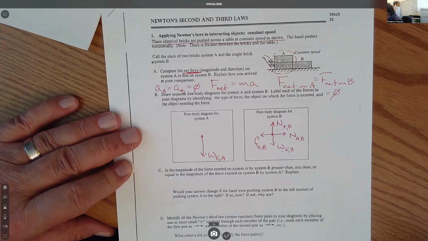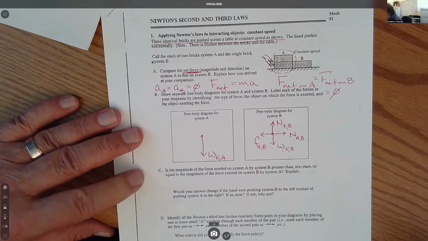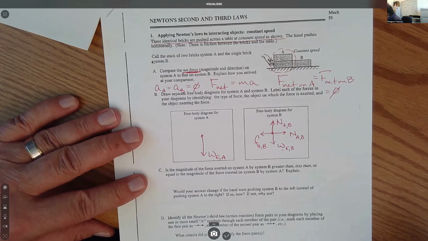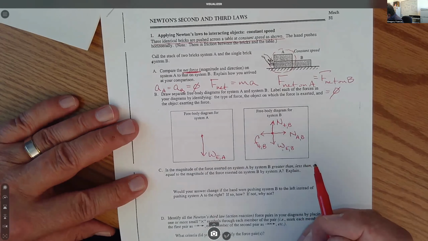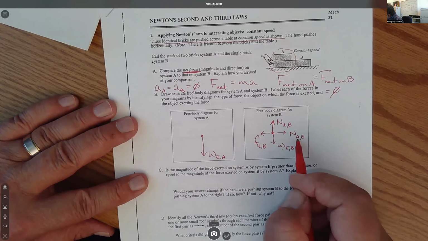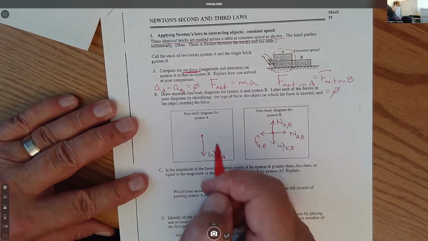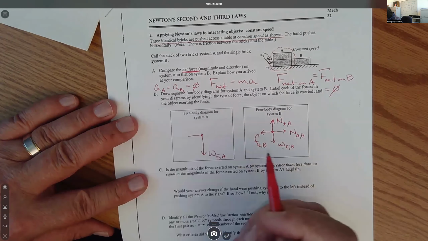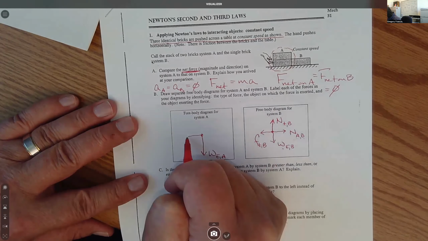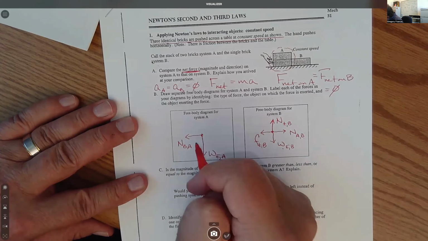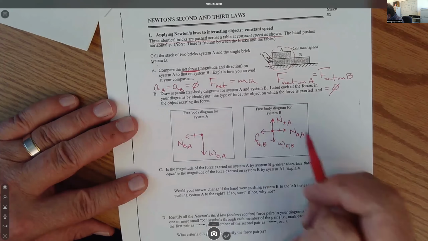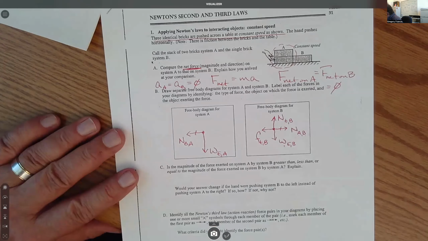Well, B touches A, and the table touches A, and the hand touches A. Well, let's take the contribution from B. If A is pushing on B to the right, B has to push back just as hard on A. And I'm going to put a tick mark here and a tick mark there to indicate that those are third law companion forces.